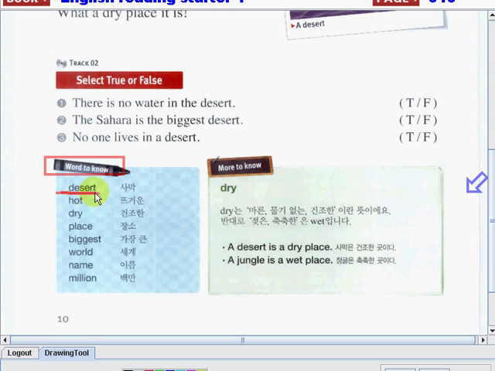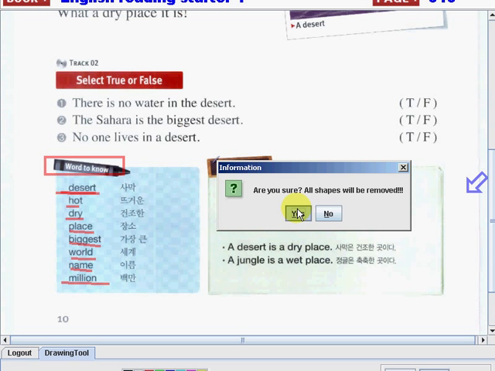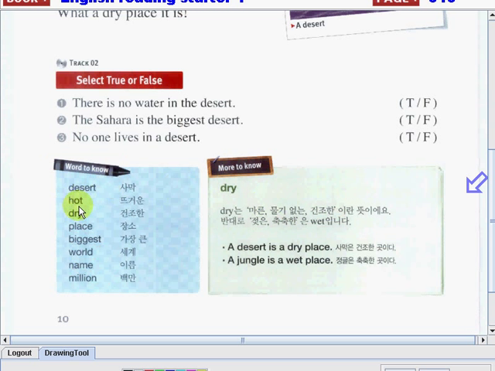We have hot, dry, place, biggest, world, name, million. Very good. Now let's read again in a fast pace. Desert, hot, dry, place, biggest, world, name, and million.